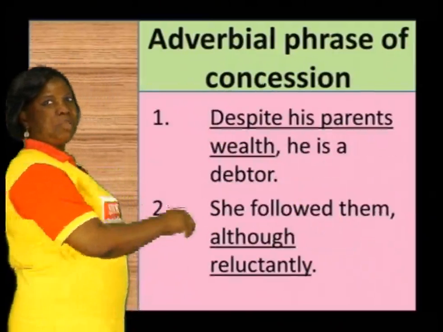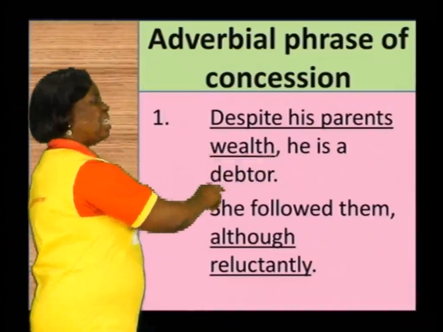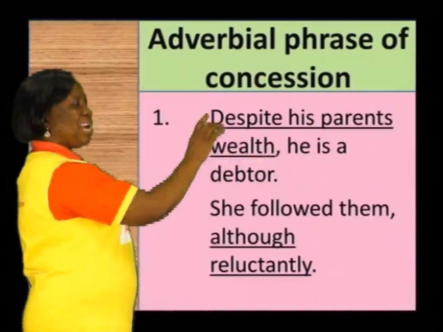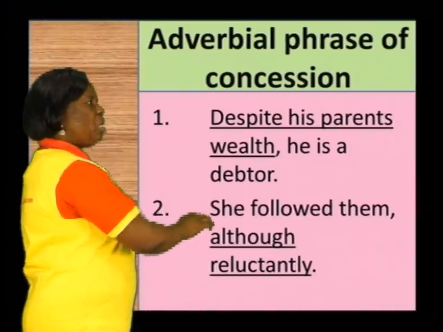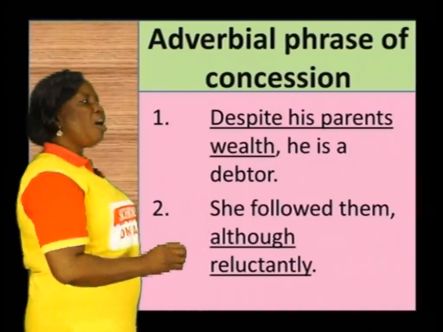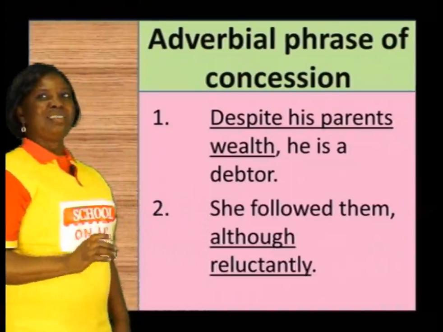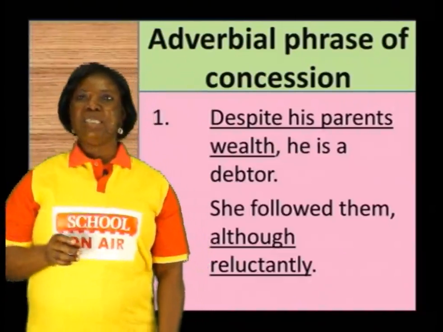For example, example 1, despite his parents' wealth, he is a debtor. You can see that we are having two contrasting ideas here. Then example 2, she follows them, although reluctantly. Are you seeing two contrasting ideas? So these are the various types of adverbial phrases.